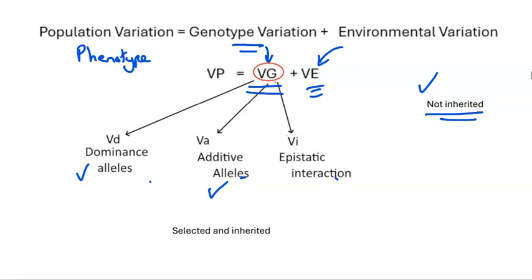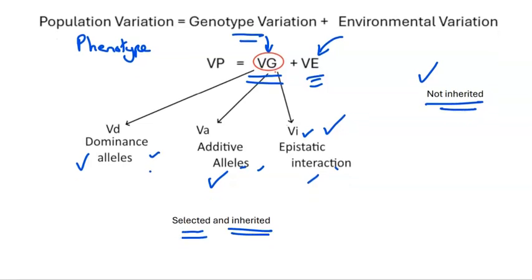Then, of course, we have studied the ways in which genes interact with each other, and these are called the epistatic interactions, designated here as VI. So these are the three kinds of source of genetic difference within a population, and these are subject to inheritance. They are passed from one generation to the next, and they are subject to the forces of natural selection.